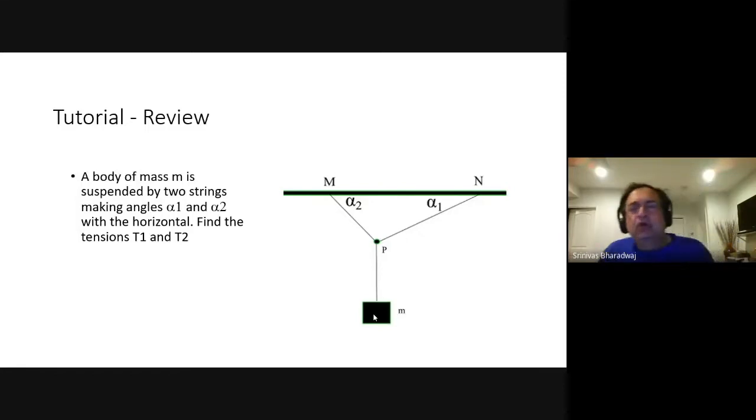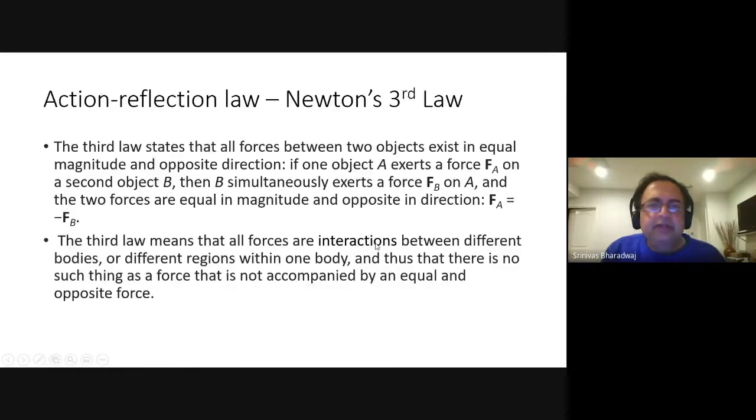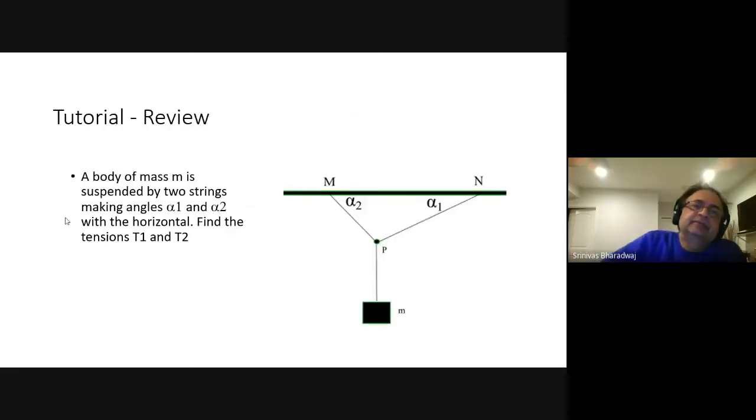So now when you look at the forces that act, remember that this equation, F_A equals minus F_B, notice the sign. It is a vector equation. So if you componentize, you actually end up with two equations. So that is the most important idea here. T3 equals T1 plus T2, but it's a vector equation.